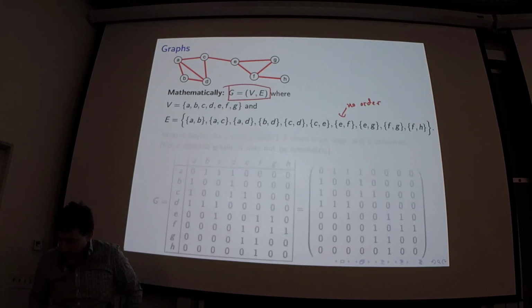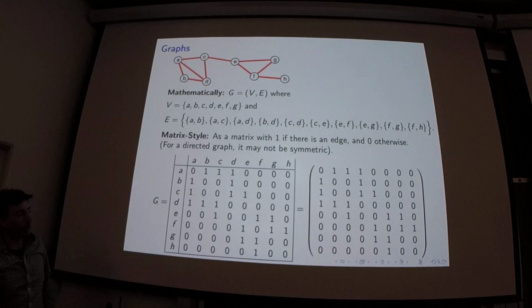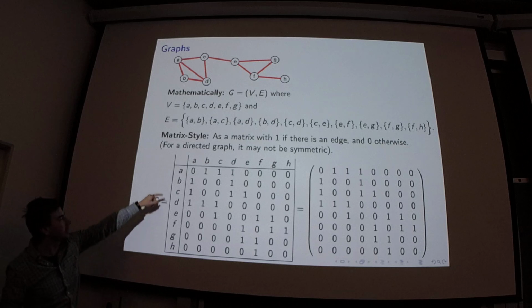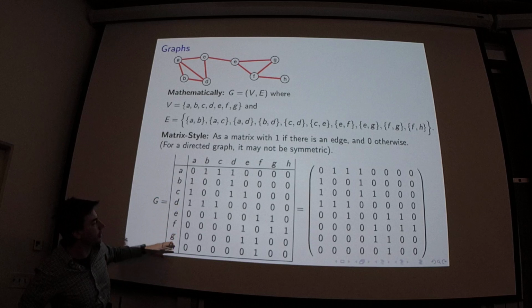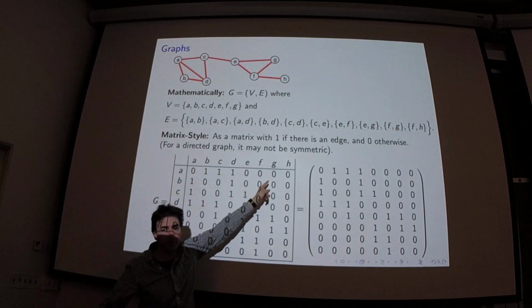Okay, good. So what we're going to use mainly, though, is a matrix representation of a graph, which is maybe a little bit different. I think of all the vertices. I can put these to label the rows and the columns, right?